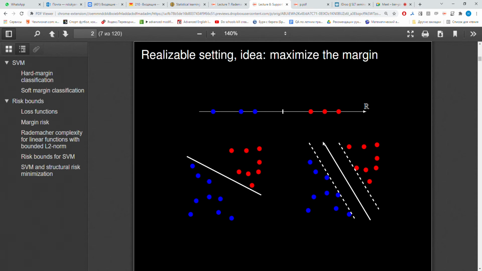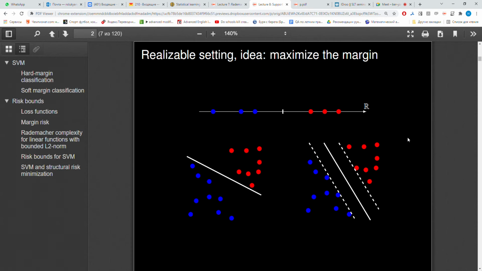Sometimes we want not only to split our elements into two regions with positive labels and negative ones. Sometimes we want to find the best separating half space, a hyperplane, to split the points in the best way.